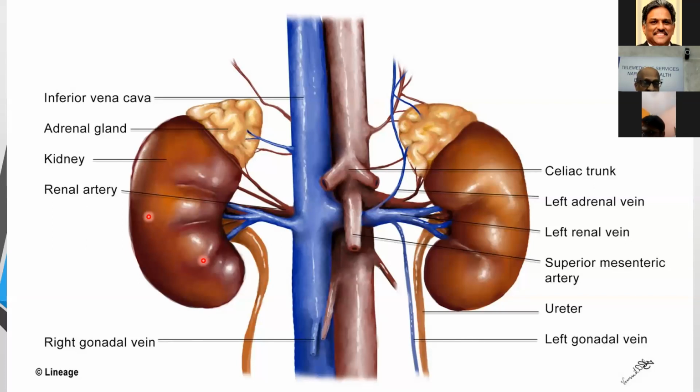They're extremely important in vitamin D metabolism and hence the bone metabolism. And lastly, but not the least, they secrete hormones which are vital in the metabolic function. These hormones are renin, prostaglandins, and erythropoietin.